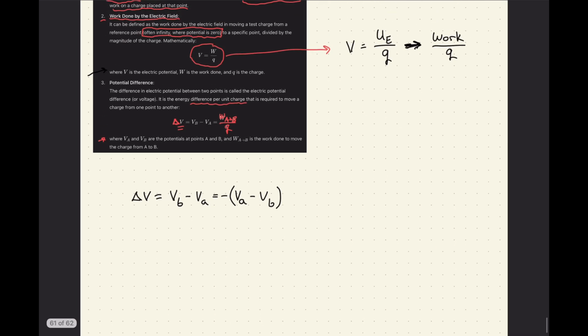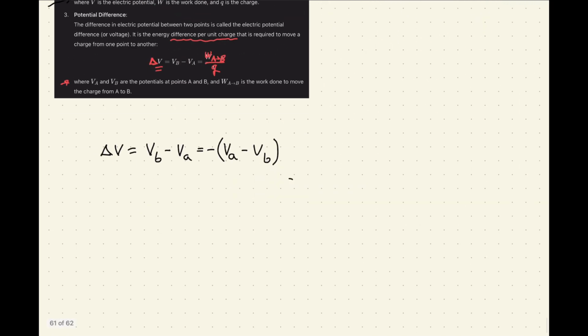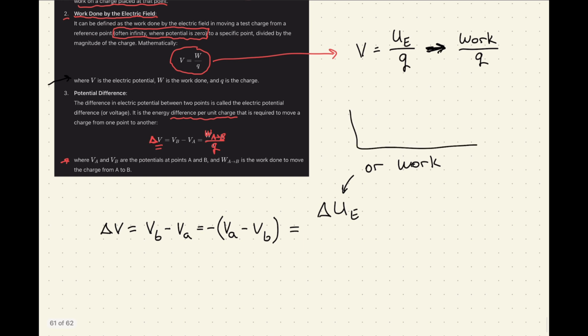If you remember, we described electric potential or electric potential difference like this, and this was literally defined as change in electric potential energy or work, right? This work comes from the equation up here. Change in electric potential energy is equal to the opposite of the work done on the system.